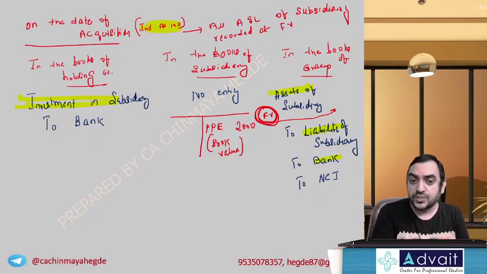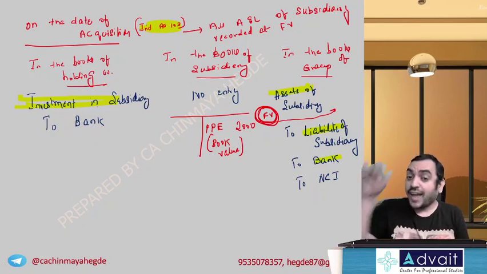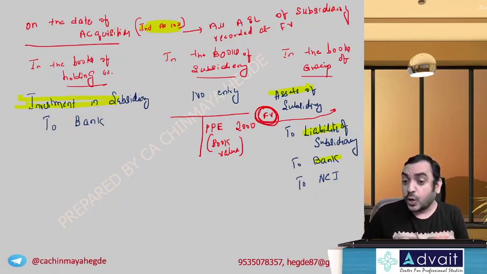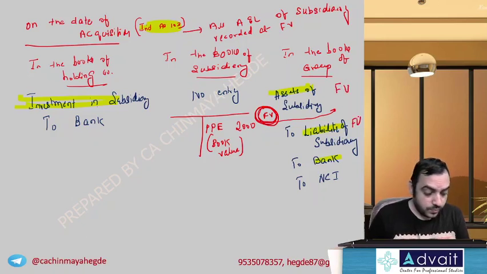As per Ind AS 103, on the date of acquisition, all assets and liabilities should be taken over at fair value. So when you record in the books of the group, assets will be recorded at fair value, liabilities will be recorded at fair value. So everything is taken over at fair value.